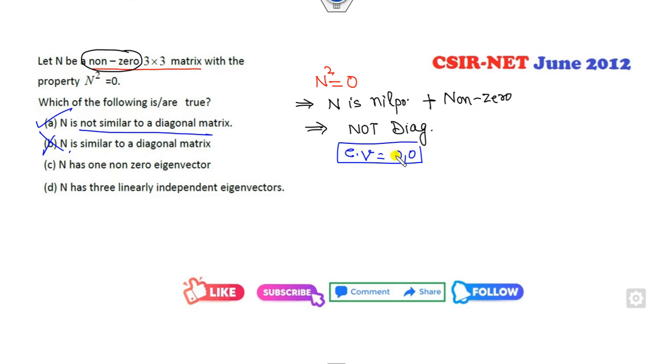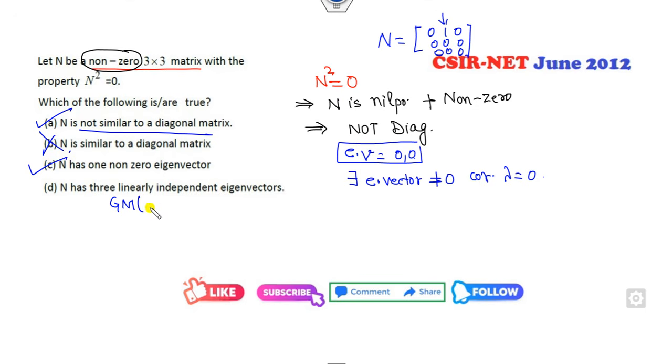Once there exists an eigenvalue, definitely there exists an eigenvector which is non-zero, corresponding to the eigenvalue lambda equal to 0. So yes, A has one non-zero eigenvector. Why? If the eigenvalues are 0, A square is 0, N square is 0, definitely the eigenvectors you can easily obtain.